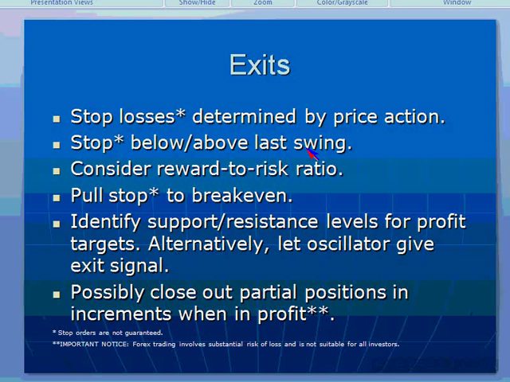If you're in a channel trading atmosphere, for example, trading near the bottom of the channel, then obviously the bottom of the channel, the support area, is a good guideline for where you might place your stop loss, or a little bit below that. So as I say here, I would put my stop loss below or above the last swing. So below the last swing low or above the last swing high.